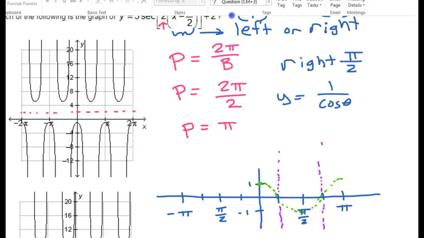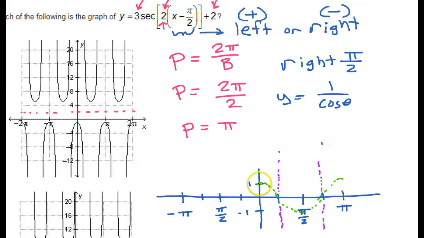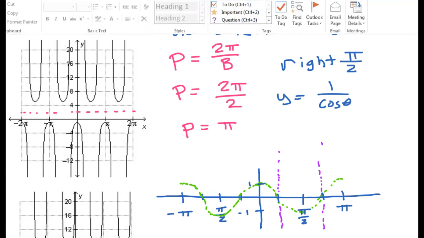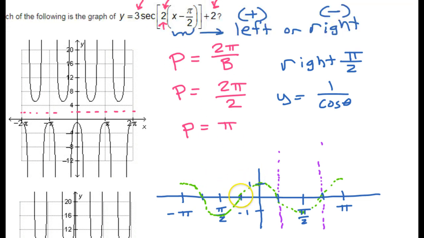So I'm just going to continue my cosine function, which would look like this. Okay, and again, there should be asymptotes everywhere cosine touches the x-axis. So there should be an asymptote here and an asymptote here.